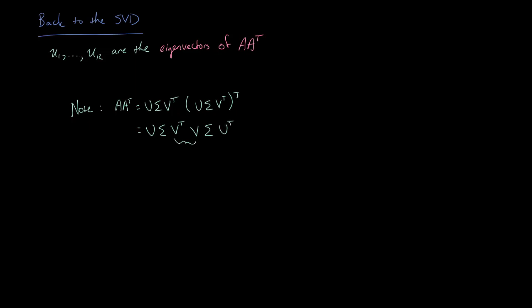And now in the middle we have V transpose V, which is just the identity, and then we get U times sigma sigma U transpose. And remember, sigma is a diagonal matrix, so sigma times sigma is just sigma squared, where sigma squared denotes the same matrix as before, but with sigma squared along the diagonal.